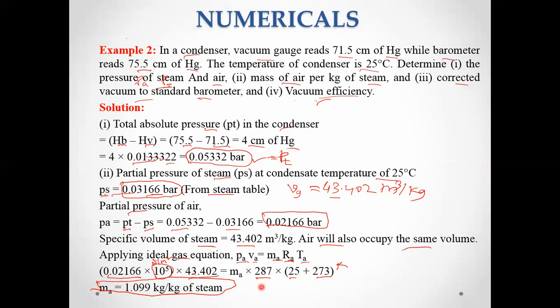Since this is 287 joule per kg Kelvin, and this is Newton per meter square, the units get cancelled and we will get MA equal to 1.099 kg per kg of steam.